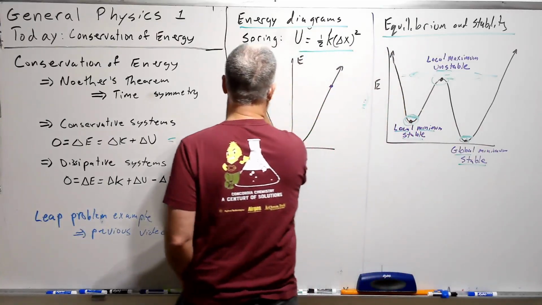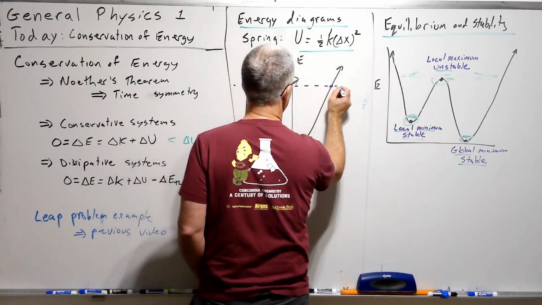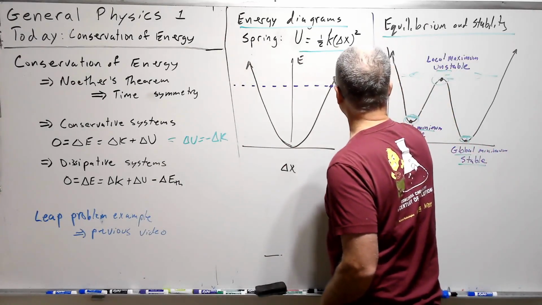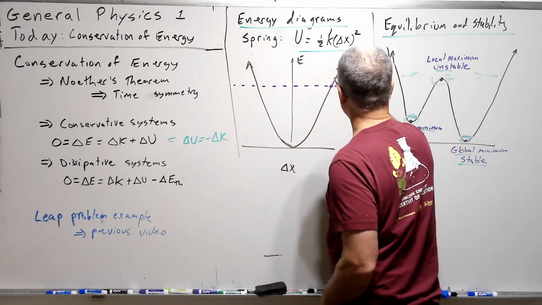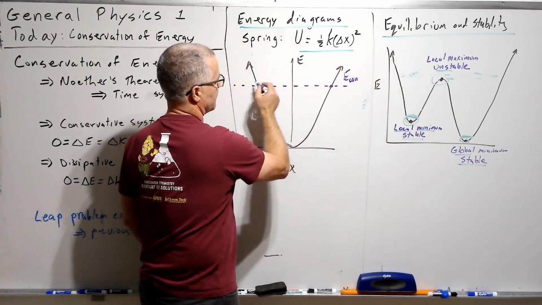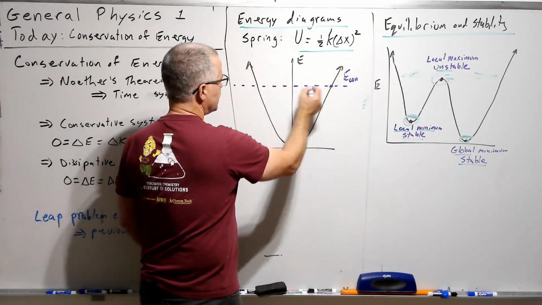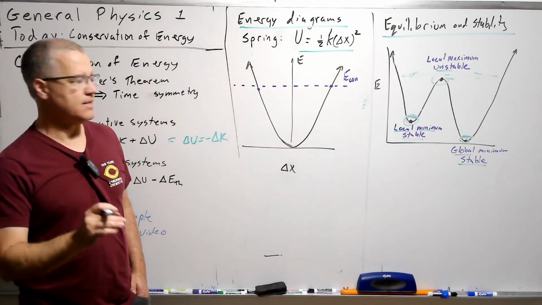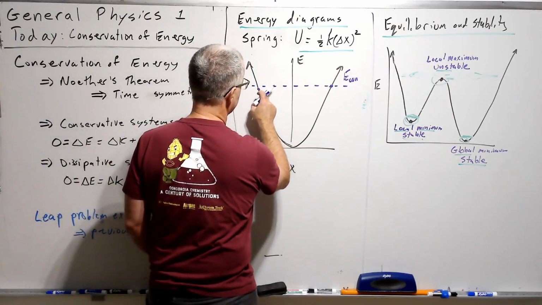Now, let me sketch in the energy for the conservative system. If there was no drag, then this would just keep going back and forth like this. But because there's some drag, by the time it gets over here, it'll hit a little sooner.